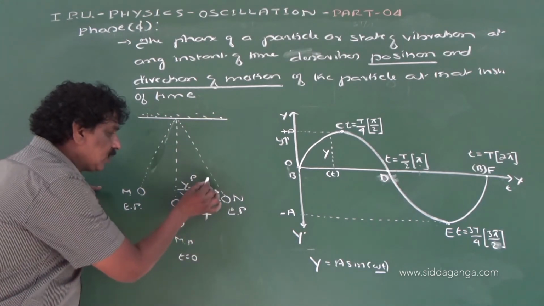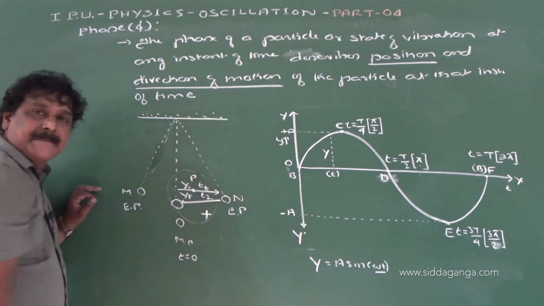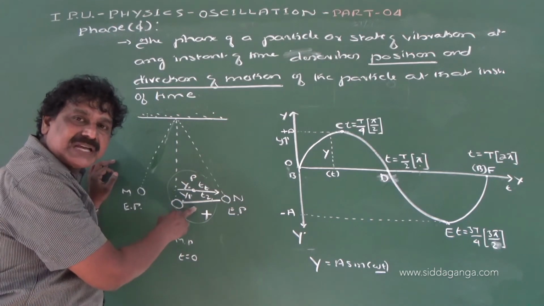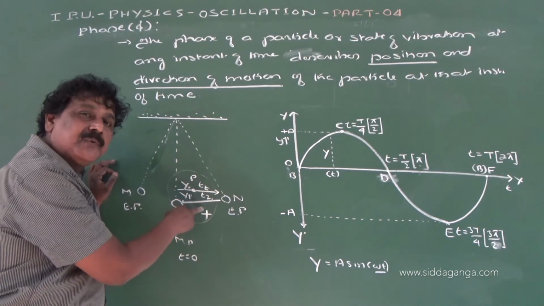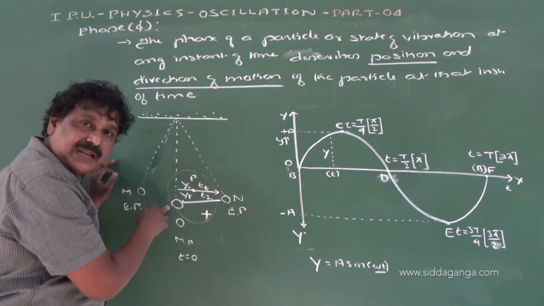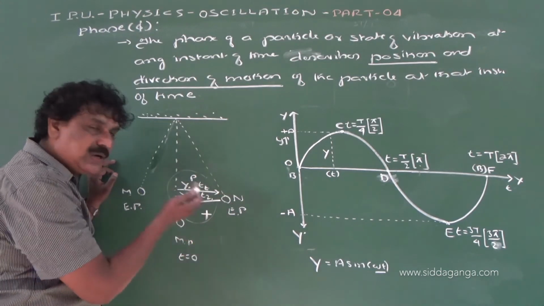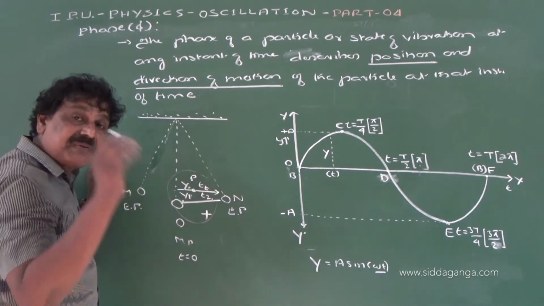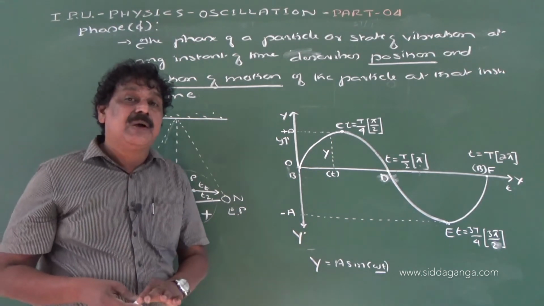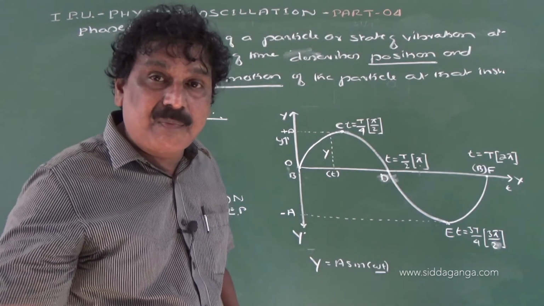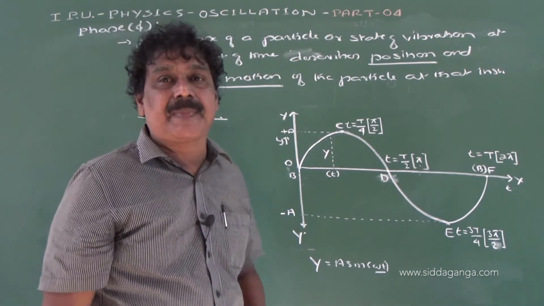So, to decide clearly whether position P is occupied during motion away from the mean position or towards it, we need to indicate both position and direction of motion at that instant of time.